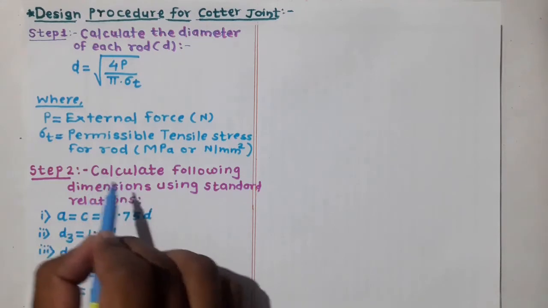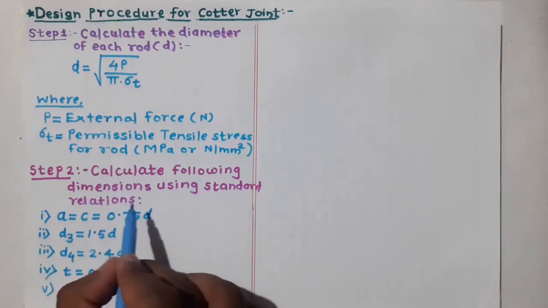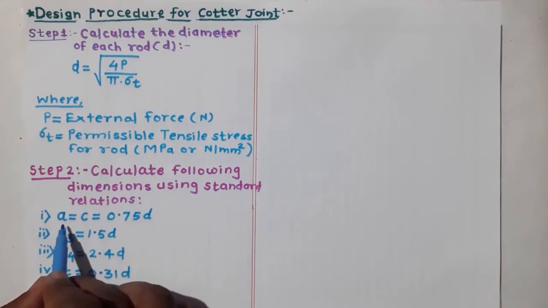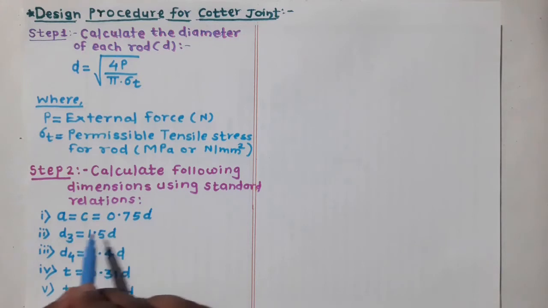Now step number 2 is calculate the following dimensions using standard relations. First is small a, which is equal to 0.75 d, c is equal to 0.75 d, d3 is equal to 1.5 d, d4 is equal to 2.4 d, small t is equal to 0.31 times d, t1 is equal to 0.45 d.